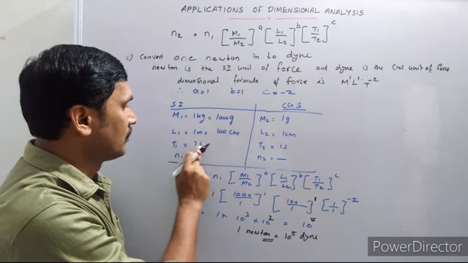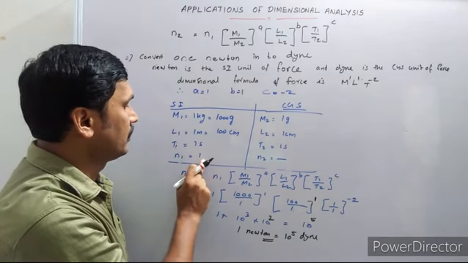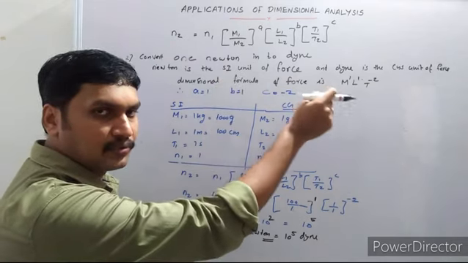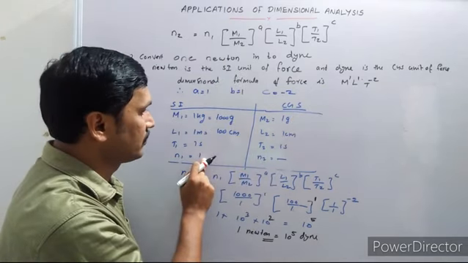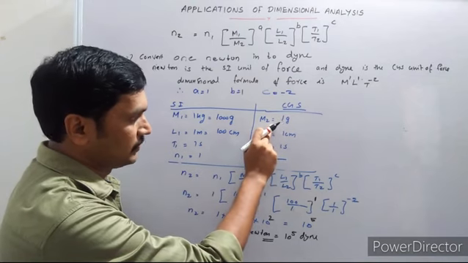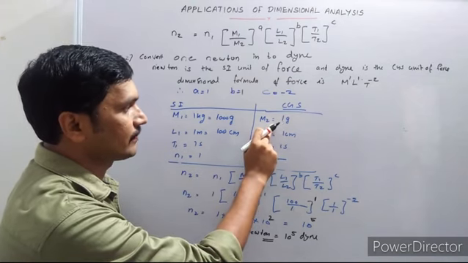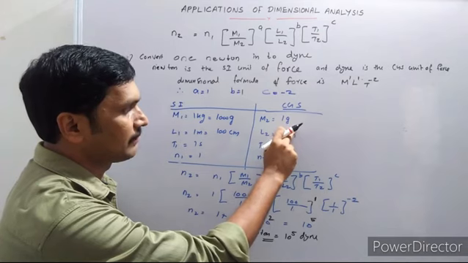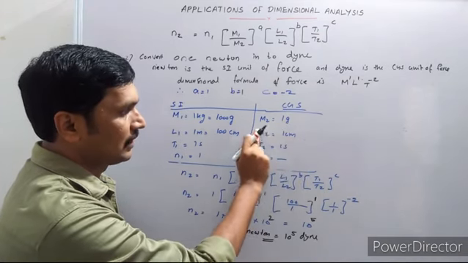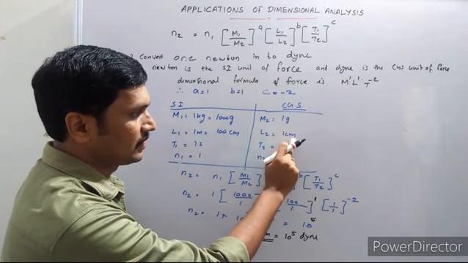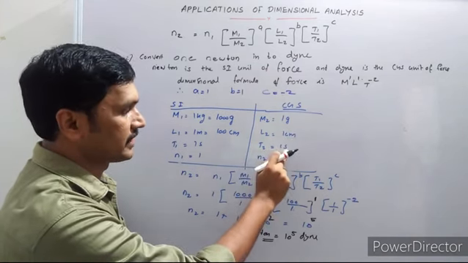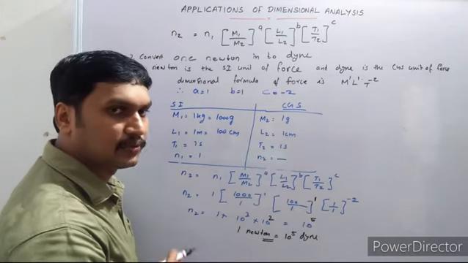T1 is 1 second. N1 is equal to 1 because we are converting 1 Newton into dyne. M2 is 1 gram, L2 is 1 centimeter, T2 is 1 second. N2 is what we have to find.